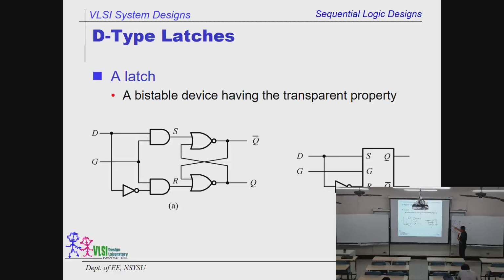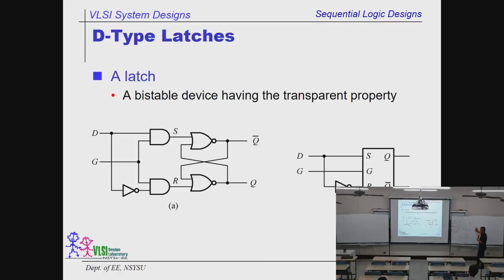And what is G for? G is called the enable signal. When enable equals 0, then both of them are 0. Then this condition comes back. When enable is 0, that means S equals R equals 0, so the next Q will be the same as the current Q. So G provides the function that S and R are both 0, so that the state will be kept.